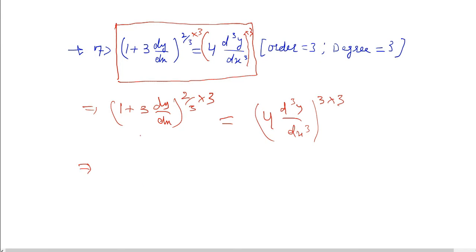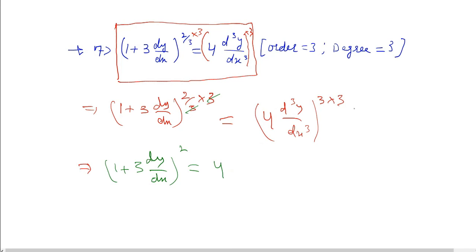Here this 3 and 3 cancel out. We are left with 1 plus 3 dy by dx square is equal to 4.